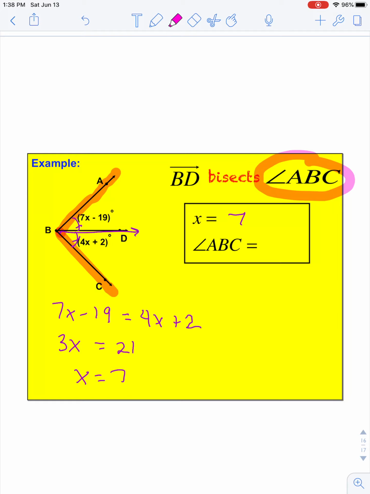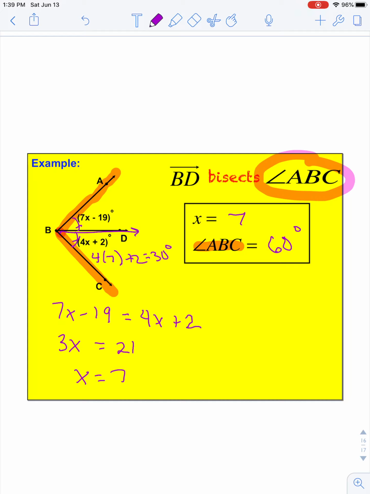Now they want me to find the larger angle right here. So I'm going to find the smaller angle first by plugging my 7 into one of these halves. So 4 times 7 plus 2, that's 28 plus 2, which gives me 30 degrees. So this is 30 degrees, so the whole angle is 60 degrees.